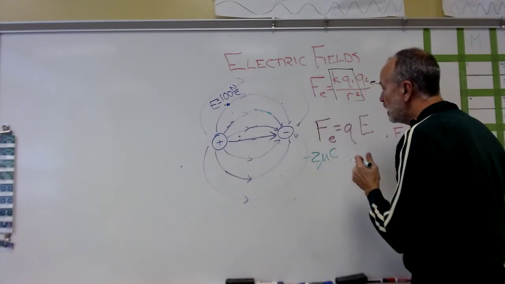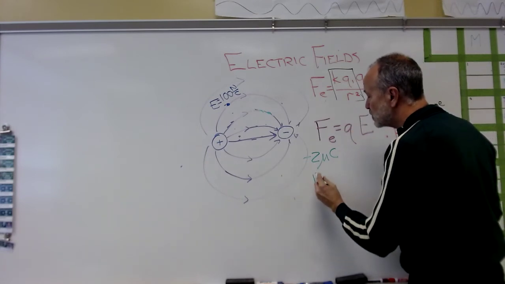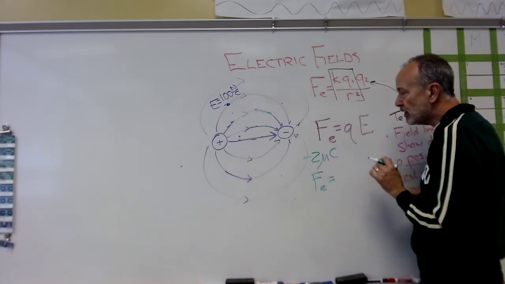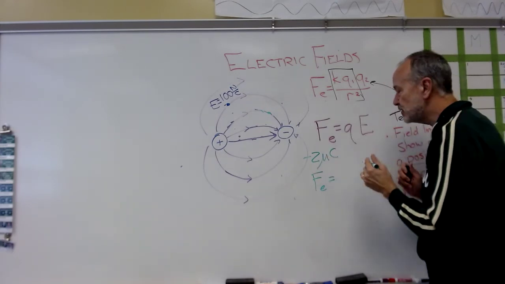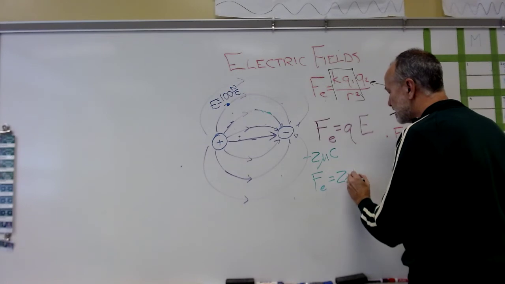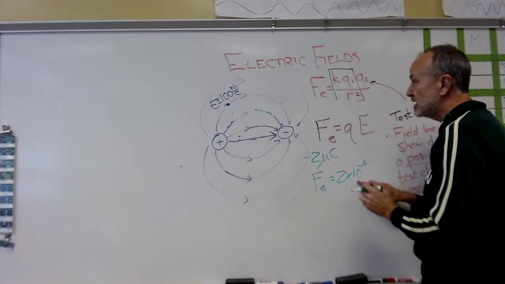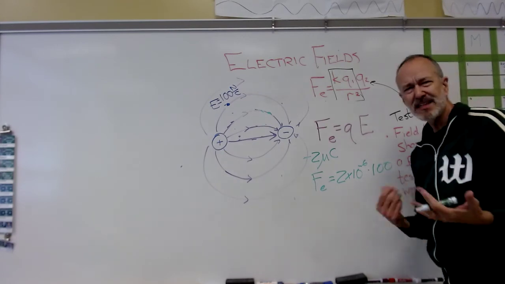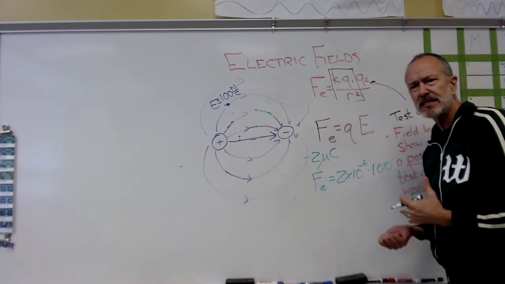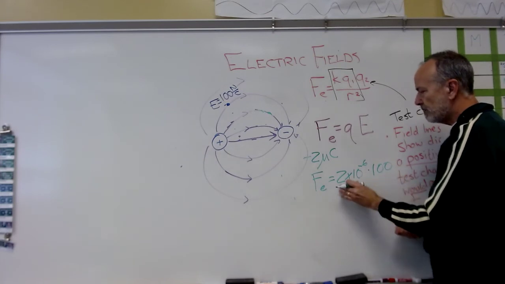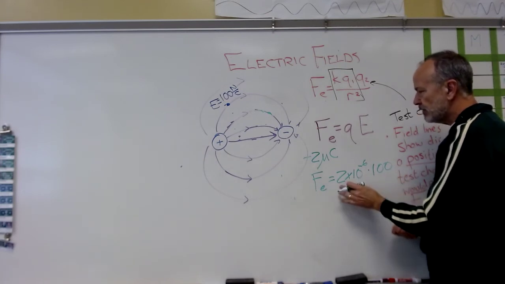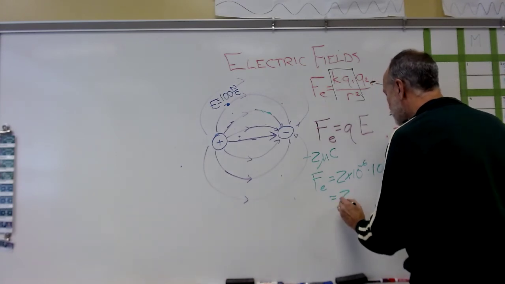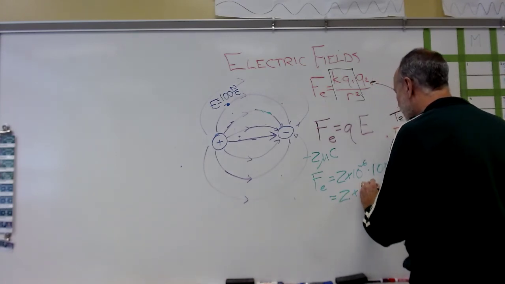Well, first of all, the force will be equal to Q, and we really only have to worry about the magnitudes of these things. 2 times 10 to the negative 6 times the E field, 100. Again, think of this like mass and gravitational field, 9.81, mass times g. Well, Q times E. And so you end up with 2 times 10 to the negative 4th newtons.